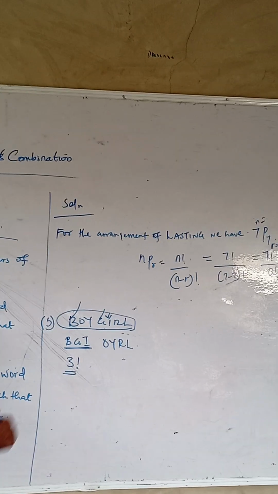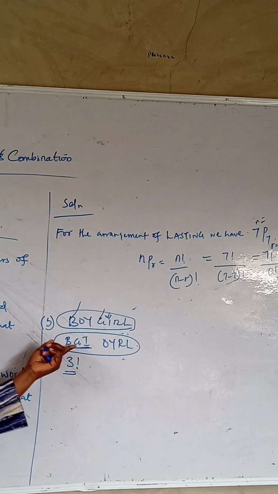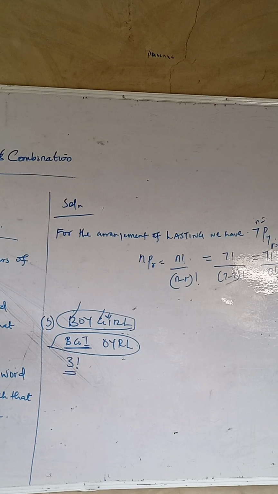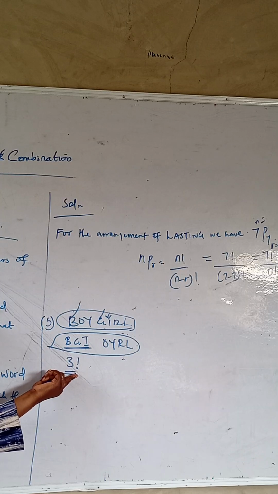Now that you are taking this into consideration, you keep these 3 factorial aside. And then you go back to this place. If you now want to count, you will not count BGI as separate letters again. Remember that you have combined them and you are taking them into consideration. That is why you have these 3 factorial aside.